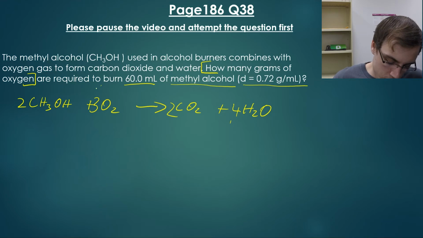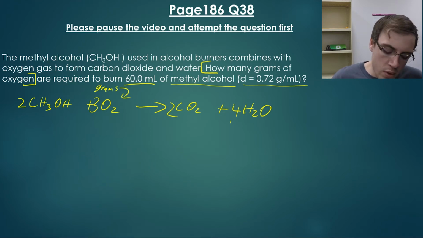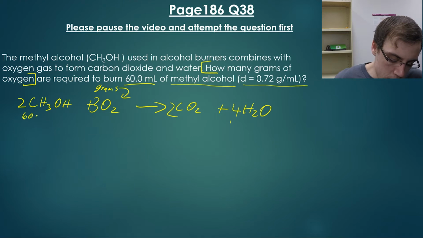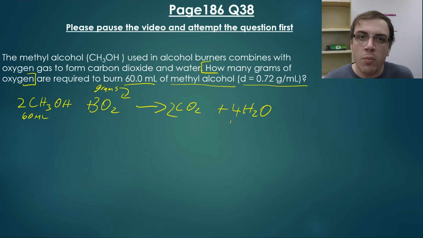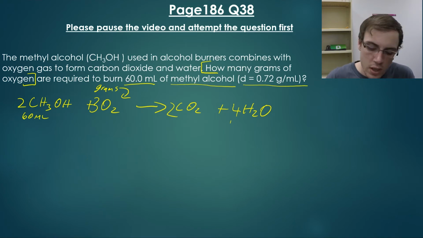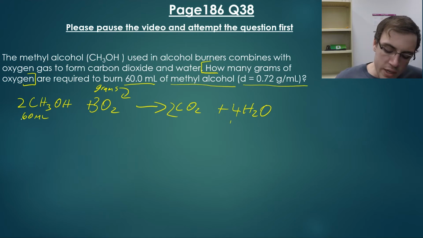So the question is asked how many grams of oxygen is required to burn 60 ml of methyl alcohol. So we have 60 ml, but we need again to convert this to moles. When we're comparing anything, we need to turn it to moles. So how do we do this?